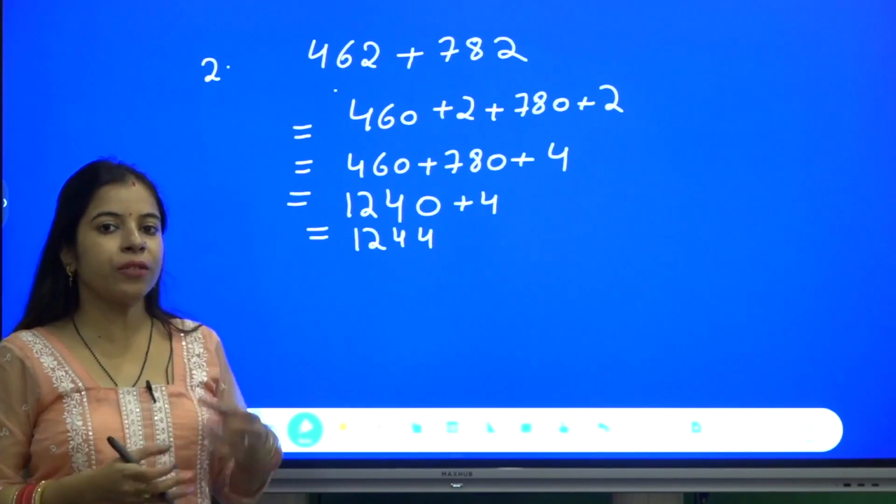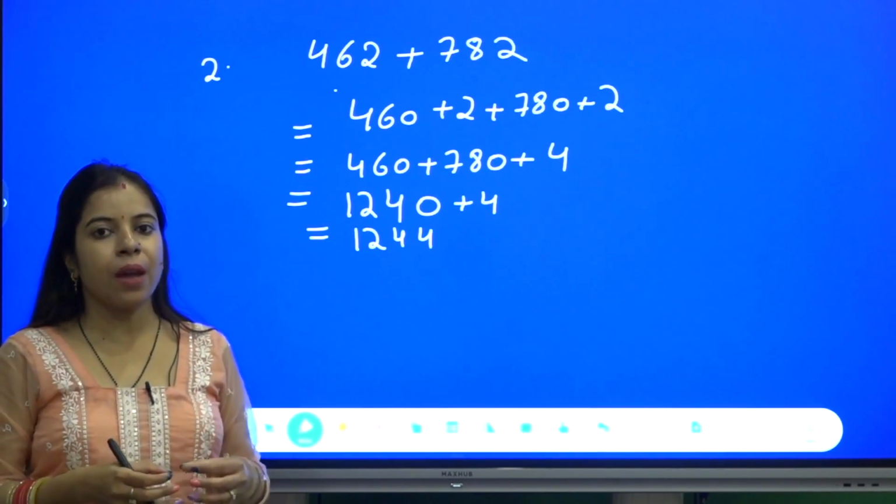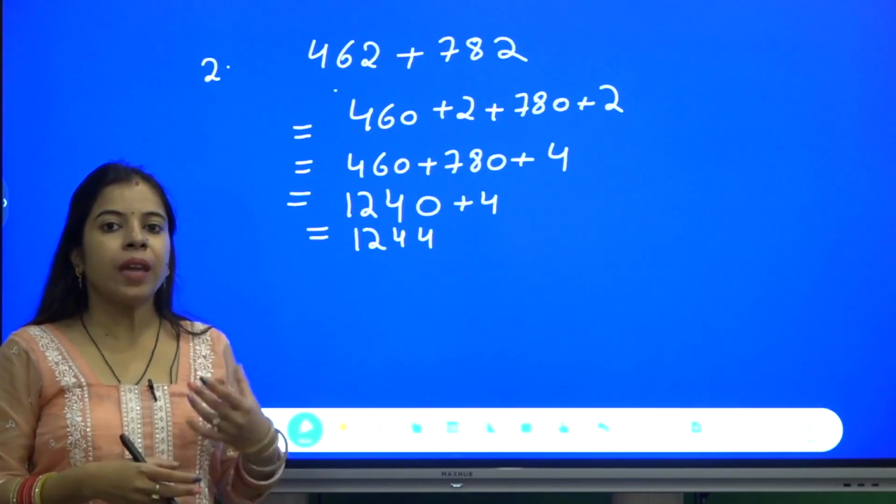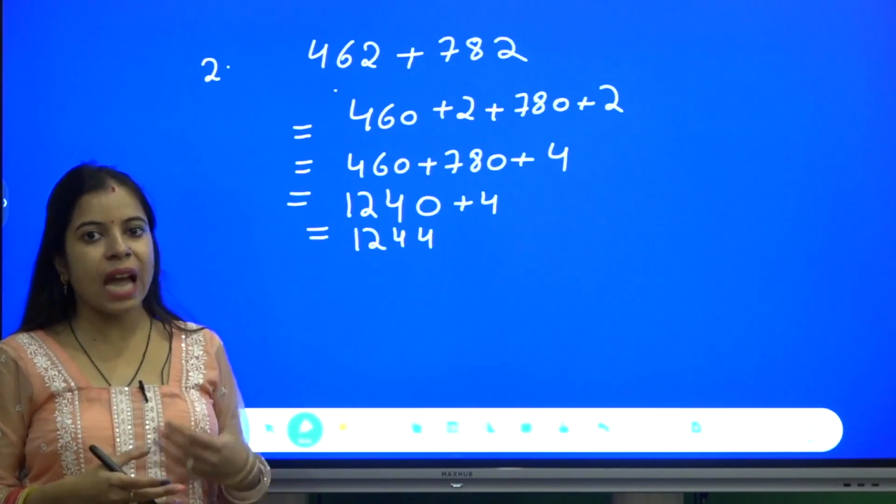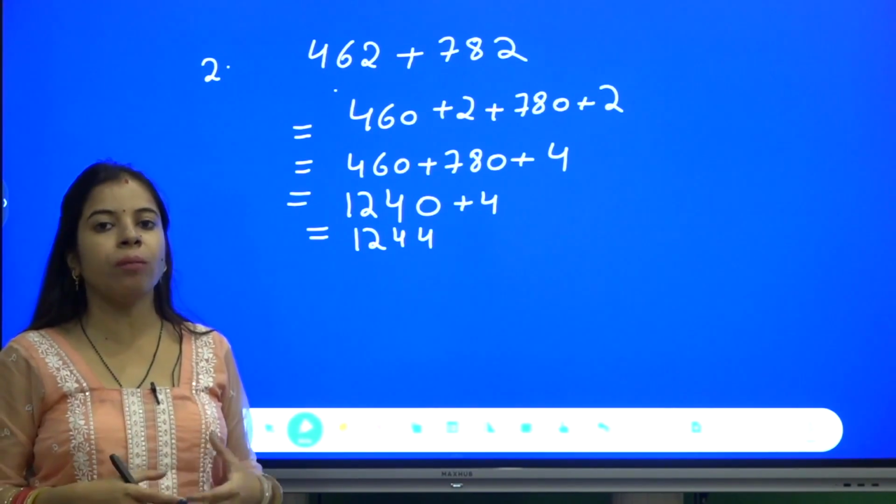So instead of calculating the numbers, we can change them with the help of their bases and sub-bases and we can perform addition.